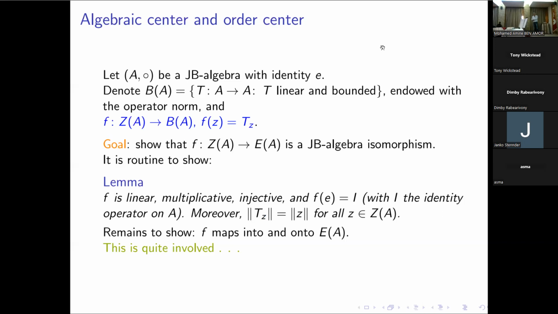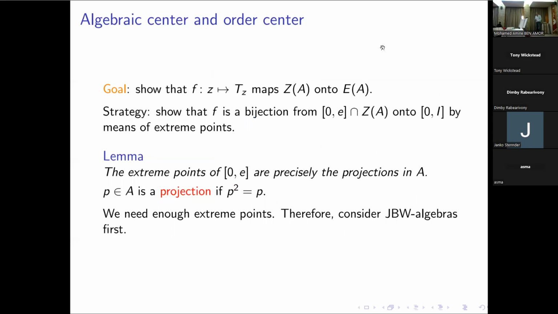The only thing that remains to show is that it maps indeed into the order center, so these images are all in the order center, and that it also gives everything from the order center. That's a bit involved, but we still have time and lots of energy. So let's go through that whole construction. Okay, so let's see that it maps. First, let's focus on mapping onto there.